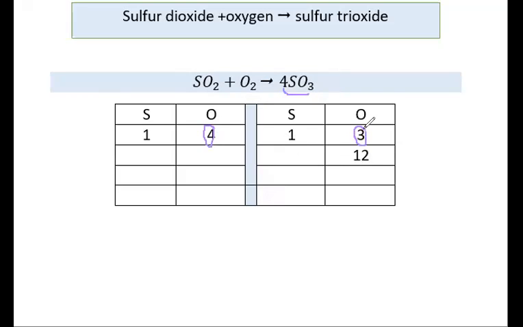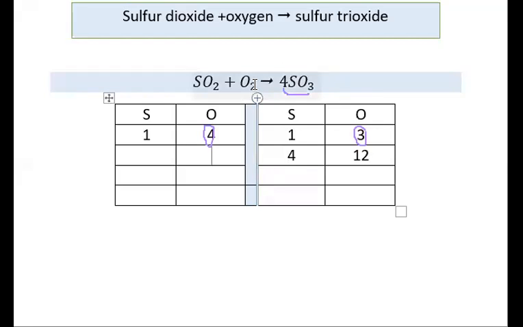Which is, what's that number? 12. Okay, I get it, ma'am. Right. So we look on the product side first, and we see that what do we need to times 3 by to get to 12? And that's why we put the 4 before. Okay, and how many sulfurs do I have? I think I already asked that question though. I have 4 sulfurs.